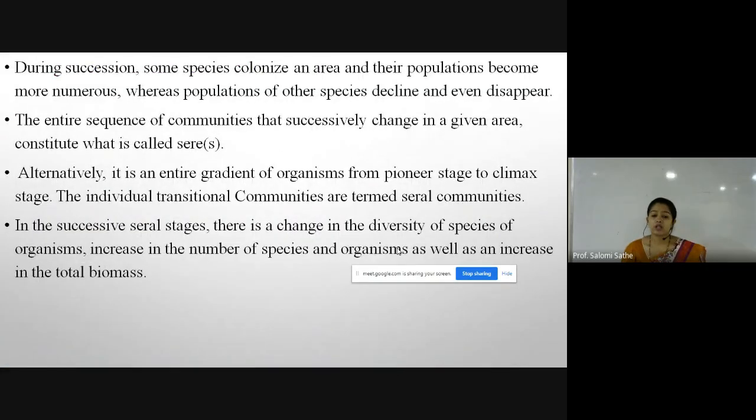During succession, some species colonize an area and their populations become more numerous, whereas populations of other species decline and even disappear. The entire sequence of communities that successively change in a given area constitutes what is called a sere. Alternately, it is an entire gradient of organisms from pioneer stage to climax stage.